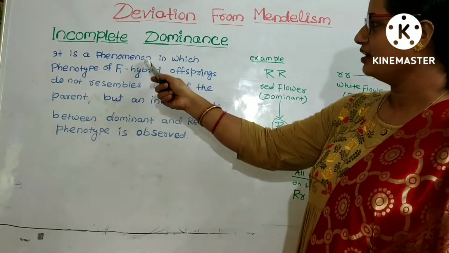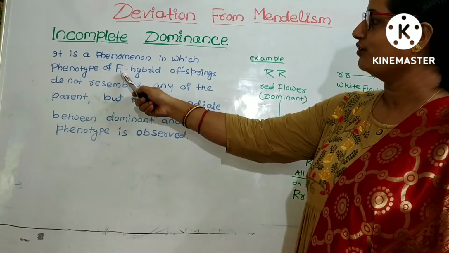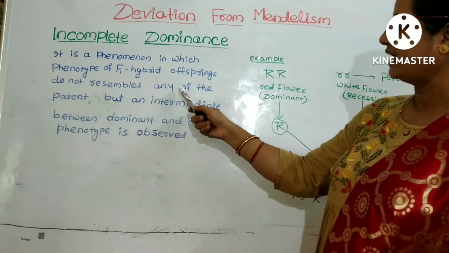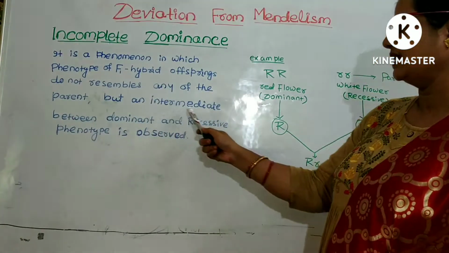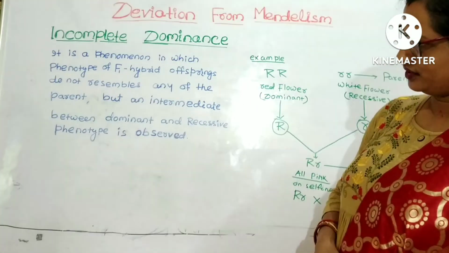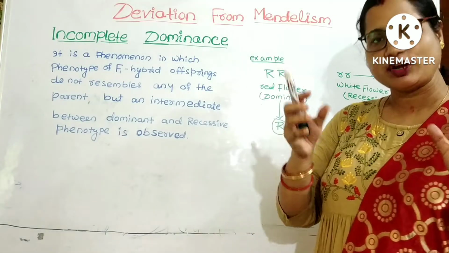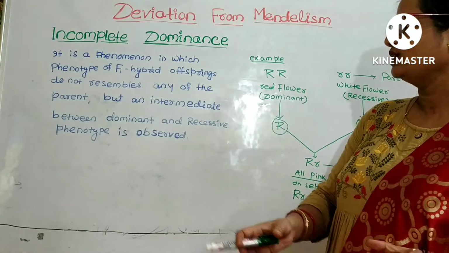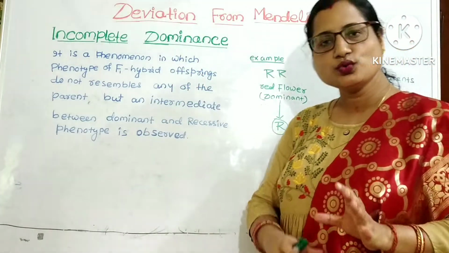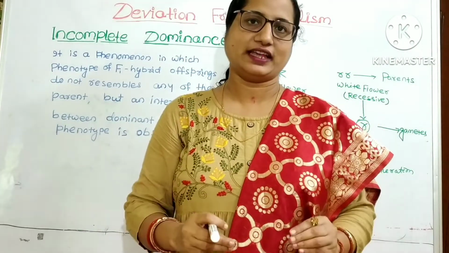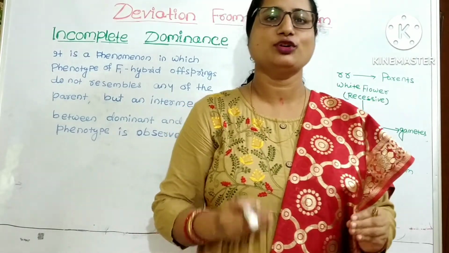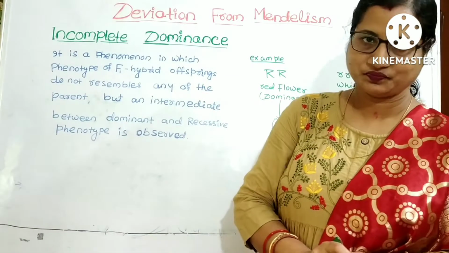It is a phenomenon in which the phenotype of F1 hybrid offspring does not resemble either parent, but an intermediate between the dominant and recessive phenotype is observed.